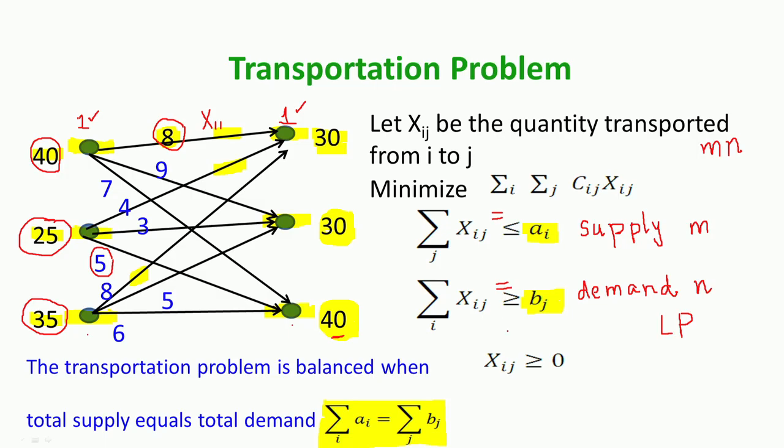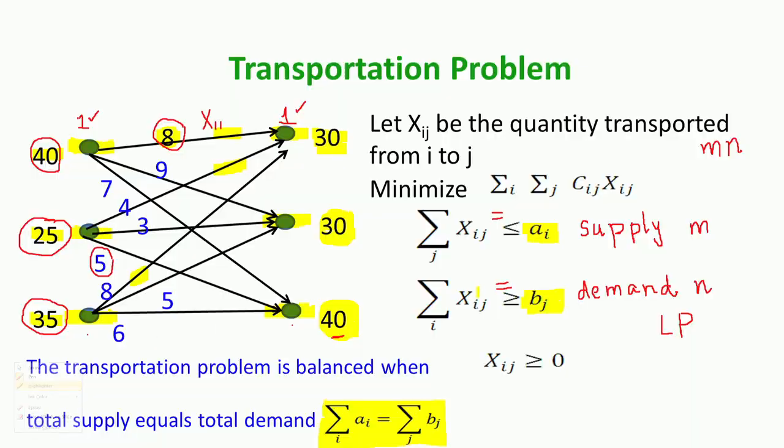So, the balanced transportation problem can be written by replacing these inequalities with the equations written here. The constraints become sigma xij summed over j is equal to ai and sigma xij summed over i is equal to bj. So, the linear programming problem for a balanced transportation problem will have equations instead of inequalities.